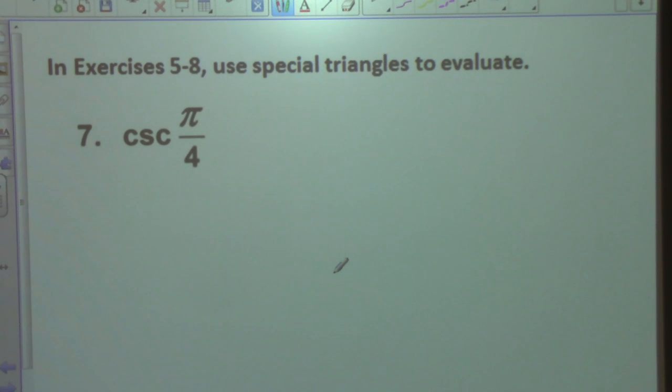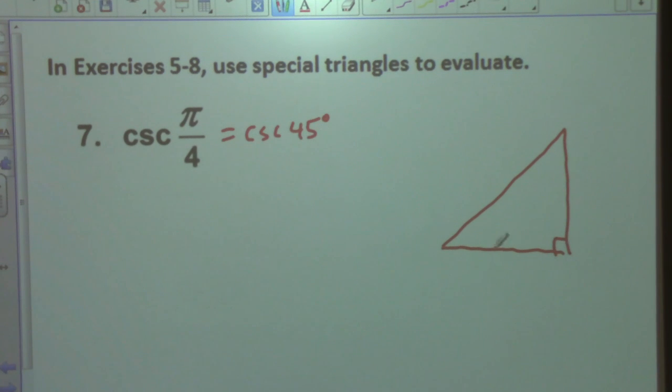I'm not 100% sure if I did it right, but I'll try. Go ahead. So cosecant of pi over 4 is 45 degrees. So that's the same as cosecant of 45 degrees, what you're saying. Yes. Okay. And it's a special triangle, the sides are x and the hypotenuse is x square root of 2. Okay, so here's your 45, and here's your x, here's your x square root of 2.